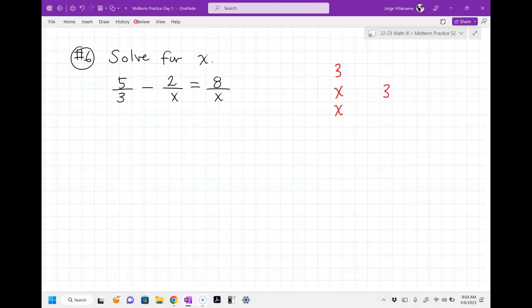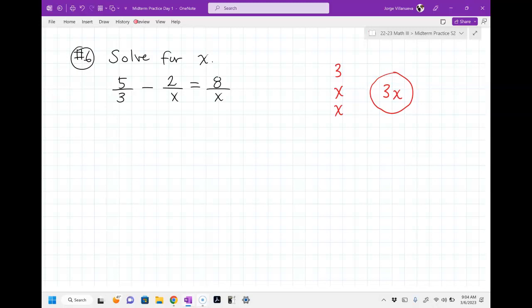And they at least have 1 x. Okay? Now, what's the highest power you would see on the 3? Well, there's only a 3 to the first, so it's just 3. What's the highest power you see on the x's in the denominators? A 1, right? This is my least common denominator, which means I get to multiply that whole equation by 3x.